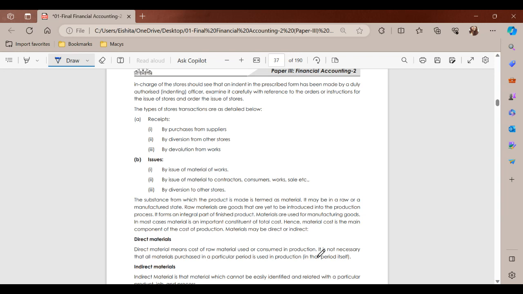Now, materials can be direct material and indirect material. What you see and what you can feel is called direct material. For example, what you see on the motorcycle is the leather. The seat is made up of leather.